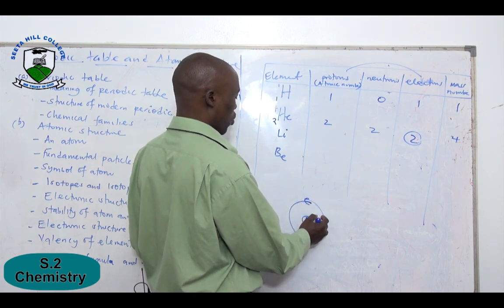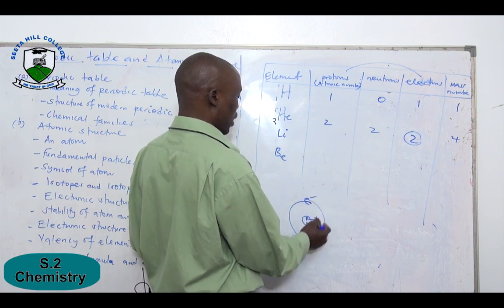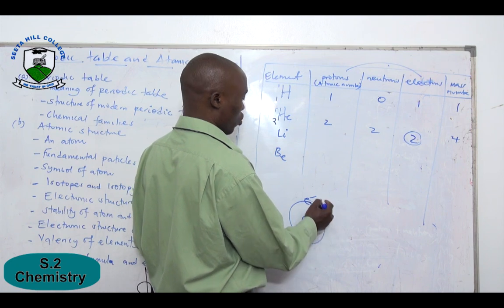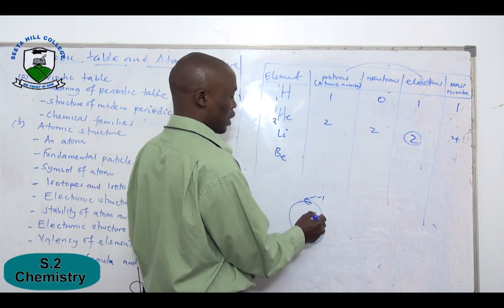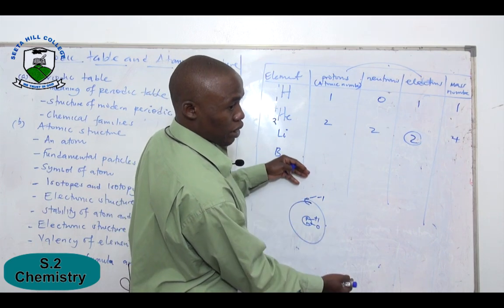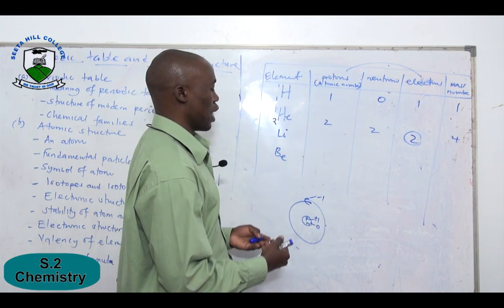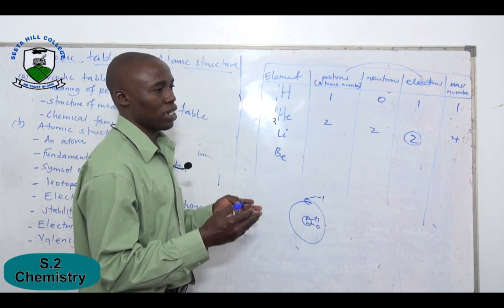Protons are positively what? Electrons have a negative charge. Neutrons have no charge.